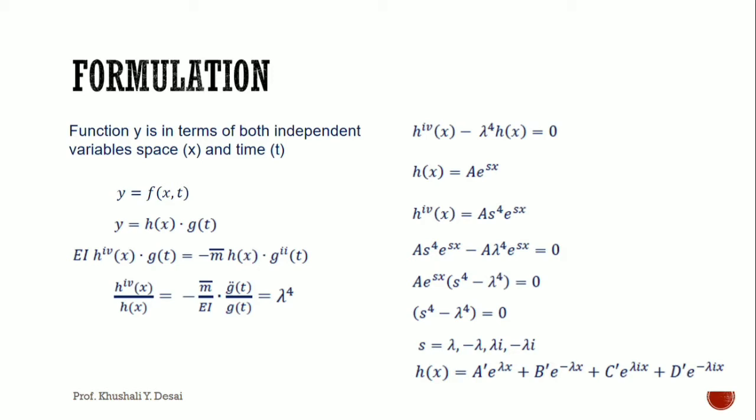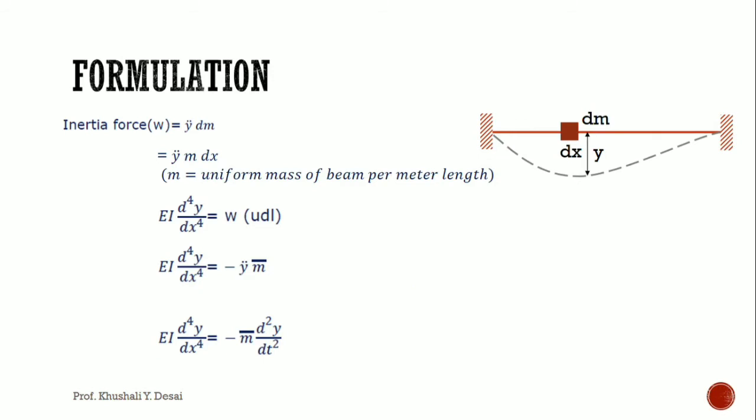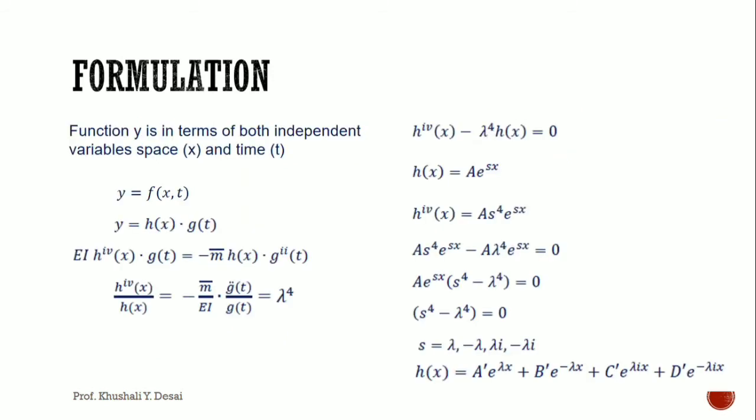So from the previous equation, substituting these values and partially differentiating, we'll get EI h to the order of 4 of x dot g of t is equal to minus m bar h of x into second order of g of t.